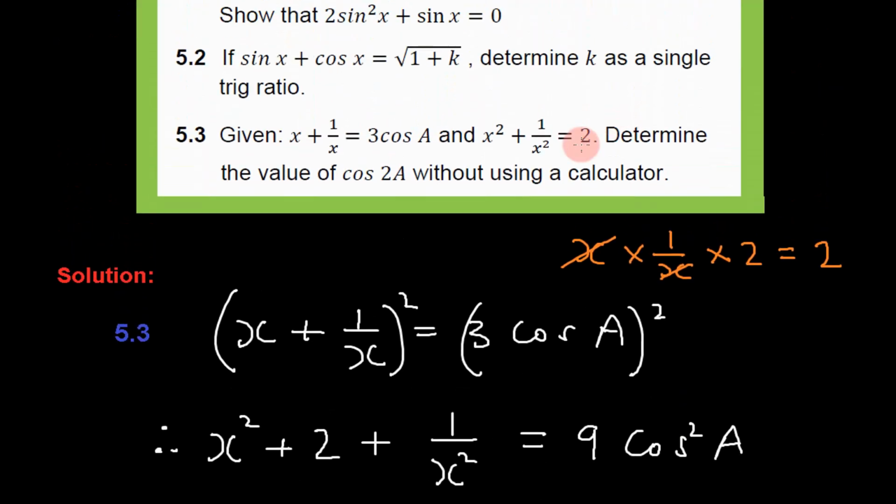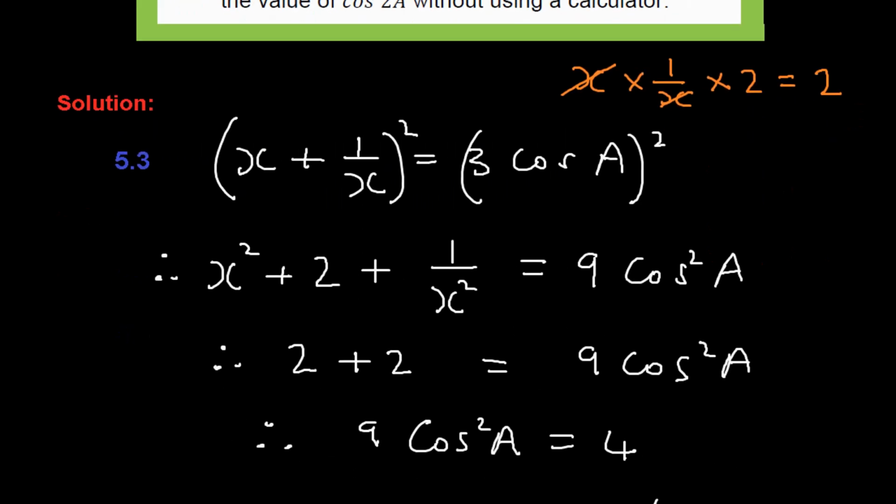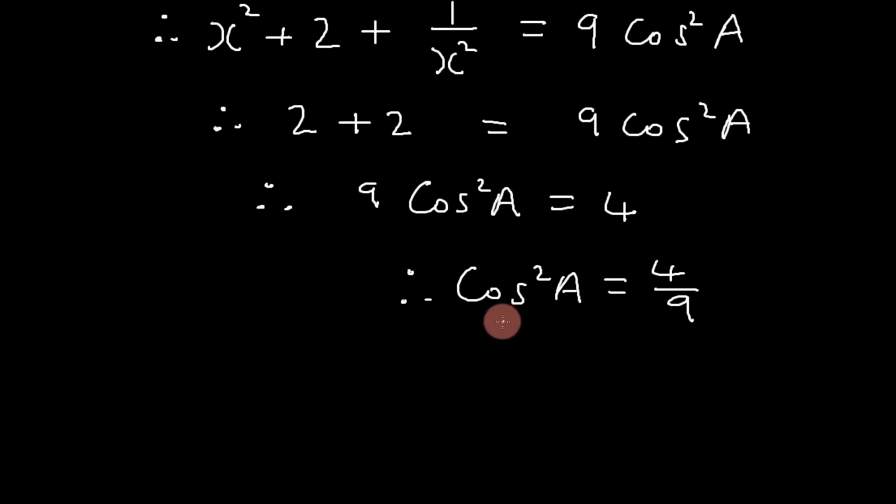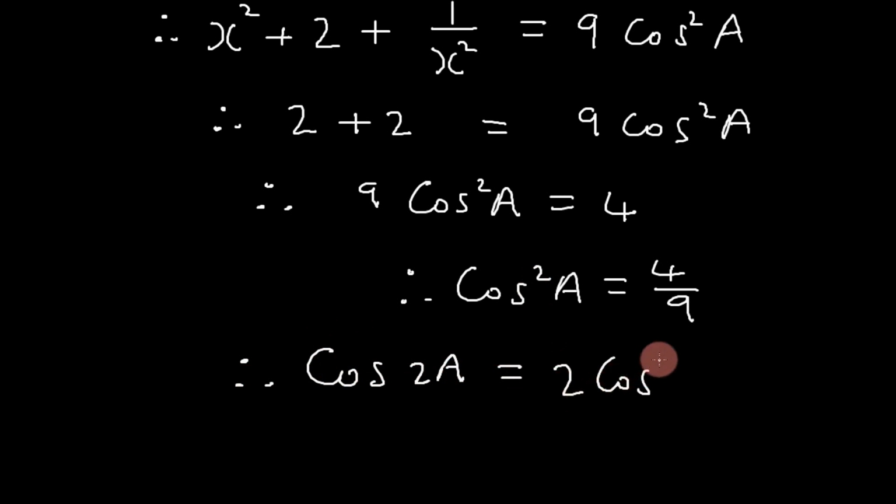We are asked to determine a value for cos 2a. So we're going to use a double angle expansion for cos 2a in terms of cos squared a. We know that cos 2a is 2 cos squared a minus 1. And we have a value for cos squared a. It's 4 over 9.